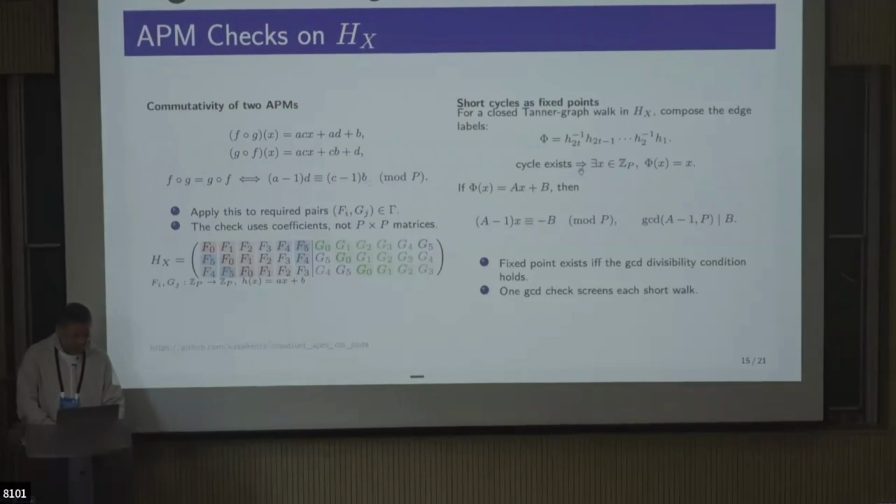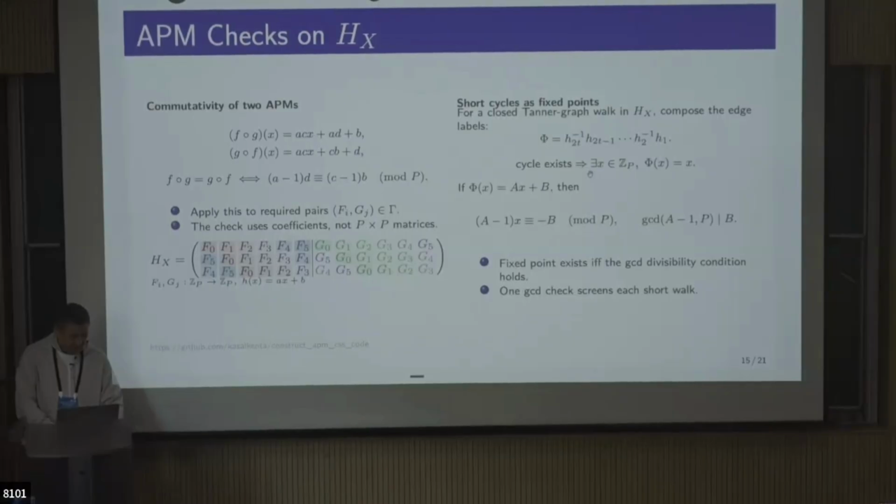the short cycle detection. For a closed Tanner graph walk, compose the APM labels along the walk. If the lifted cycle exists, the resulting affine map must have a fixed point. So if there is no fixed point, that base walk does not lift to a cycle. For an affine map, checking whether a fixed point exists is just a modular linear equation.